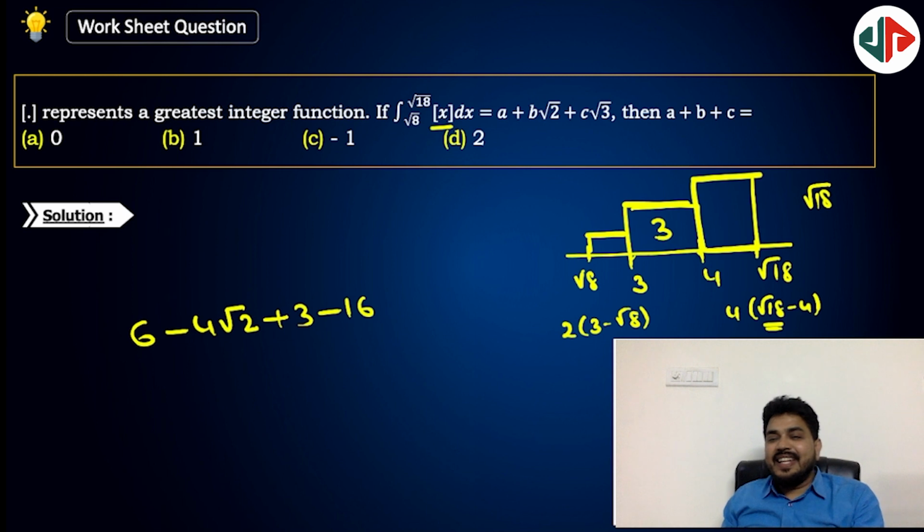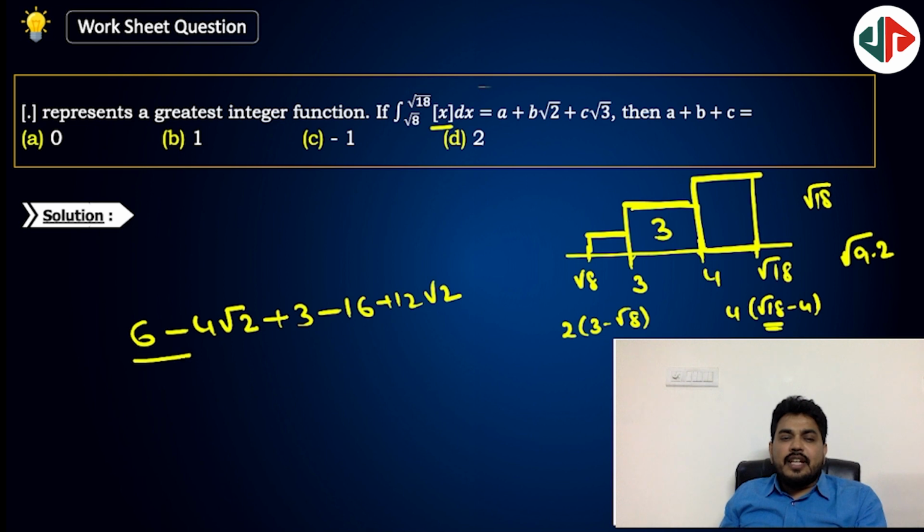Root 18 means root of 9 into 2, right? You check it out. 9 minus 7 plus 8 root 2.